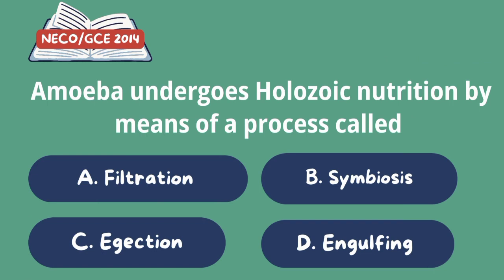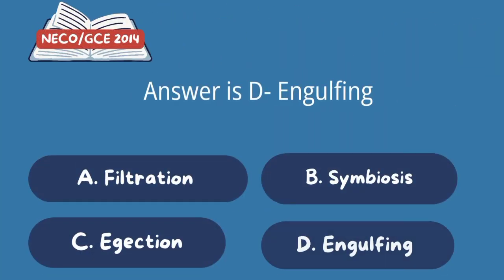Lastly, let's look at this question from NECO GCE 2014. Amoeba undergoes holozoic nutrition by means of a process called A. Filtration, B. Symbiosis, C. Ejection, and D. Engulfing. The correct option is D. Engulfing.